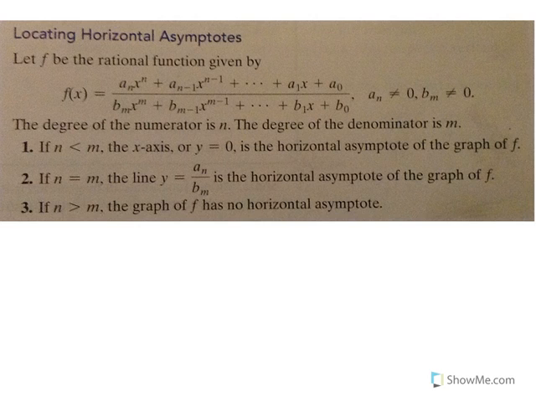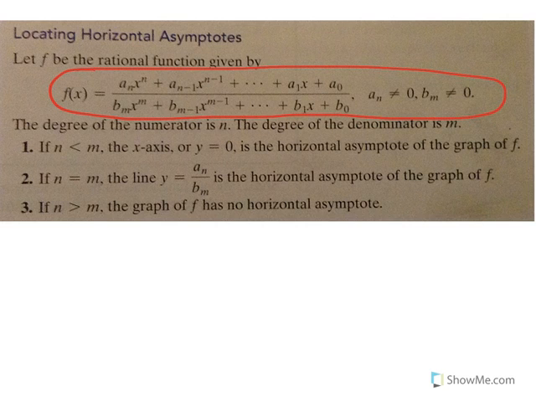So when we talk about the horizontal asymptotes, it's a tad bit different than the vertical asymptotes because like I said, vertical is vertical, this is horizontal. But the approach here is that once we're given a function, we have this f of x here. As you can see, this long drawn out formula here.